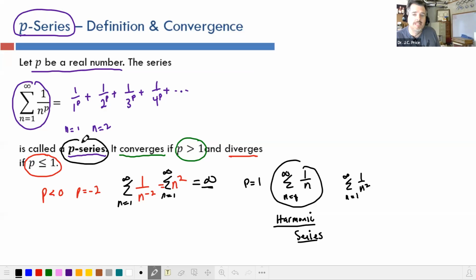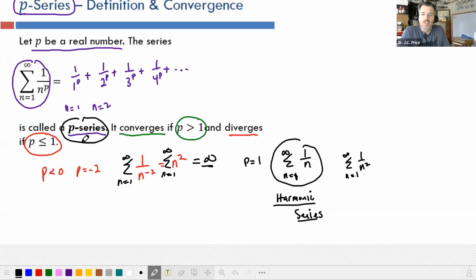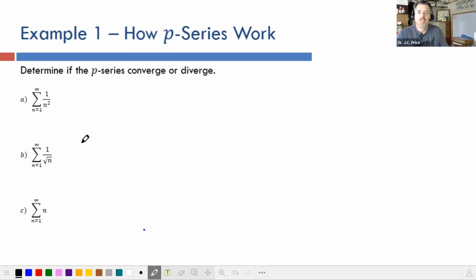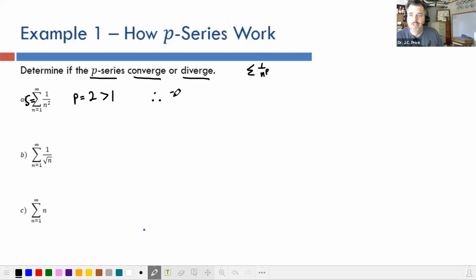So let me just give you some examples of how p-series work. We want to determine if the p-series converges or diverges. All right, let's take a look. This one's nice and easy. p is clearly equal to 2, because remember, a p-series looks like the sum of 1 over n to the p. And p is bigger than 1. So therefore, this series S is a p-series.